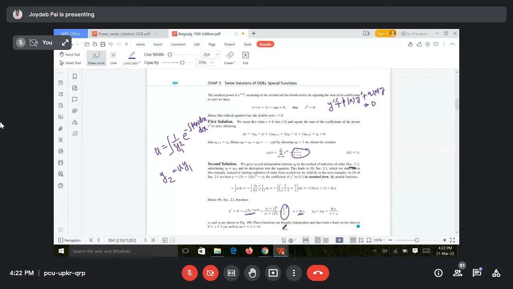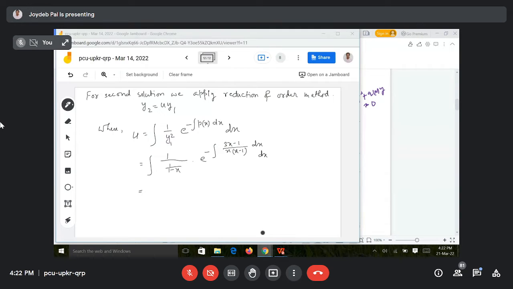So you check it, it will be ln x. Therefore, the second solution will be 1 by 1 minus x into ln x.